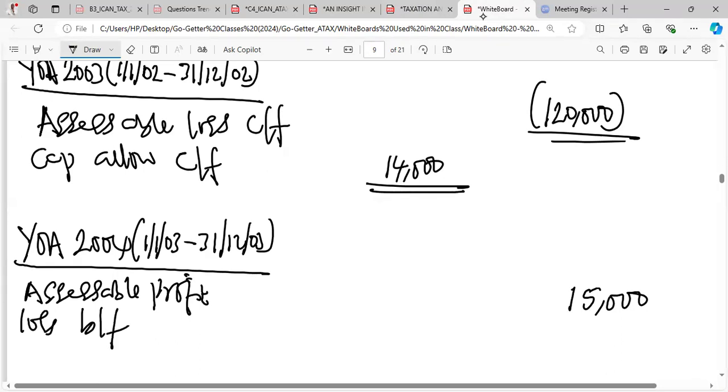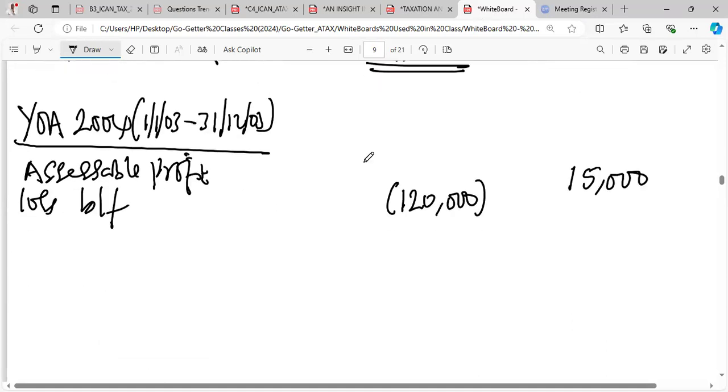Now we have a loss brought forward of 120,000. How much loss can we relieve?